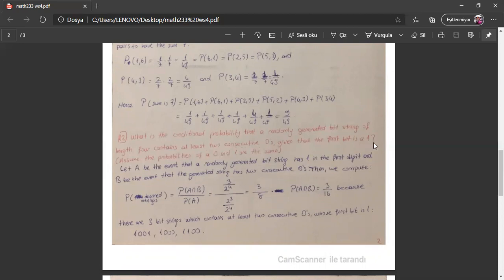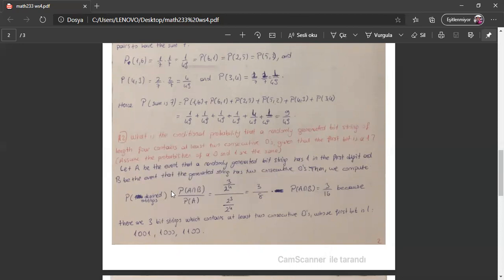And here we have the condition that the first digit is 1. So we denote the event that the bit string has 1 in the first digit by A, and we denote the event that it has 2 consecutive zeros by B.